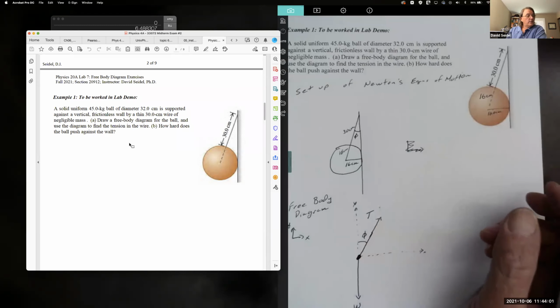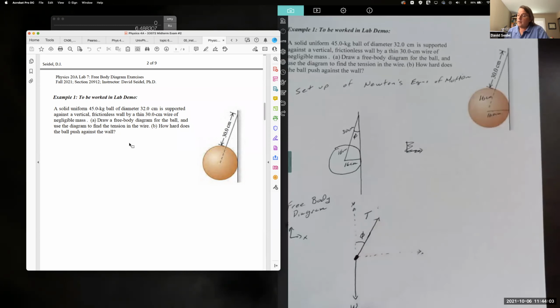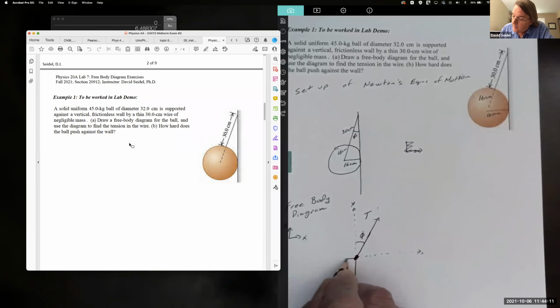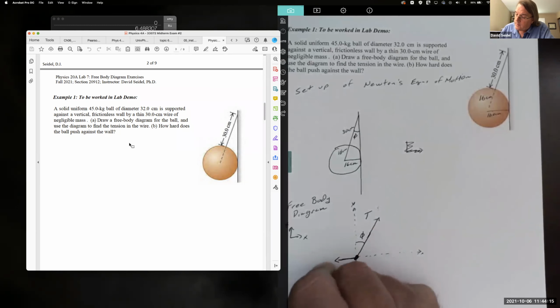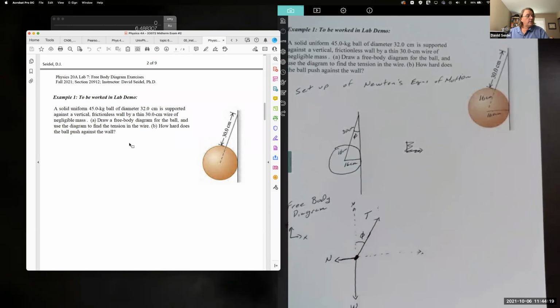Okay, so that's the free body diagram right here, with just T. And then this also has a normal force, N. So I didn't write the vectors over and everything else, but that's your free body diagram.